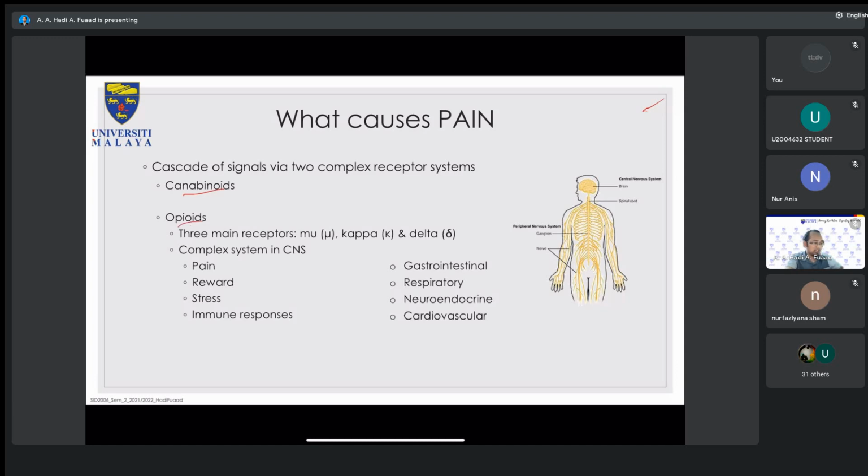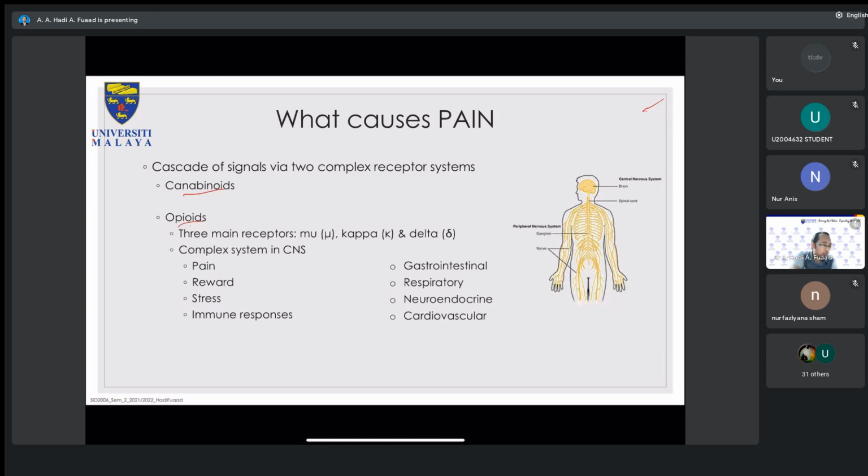Looking at a little bit more detail, for opioid receptors there are three main receptors that have currently been discovered. There is a fourth one, but I'm not including that as part of the learning process. This is just for you to know. It doesn't mean that you need to really know the differences between these three. So we have the mu receptor, kappa receptor, and delta receptor.